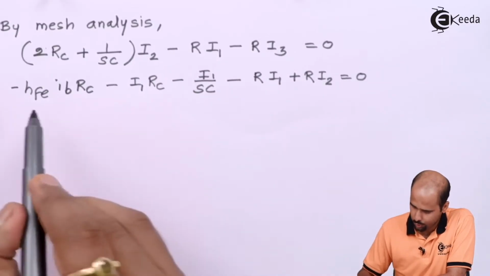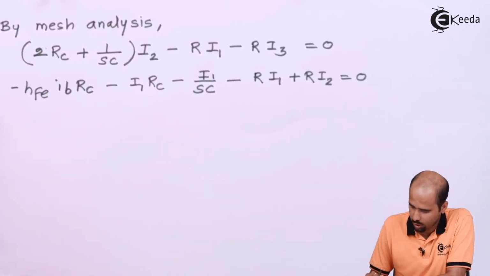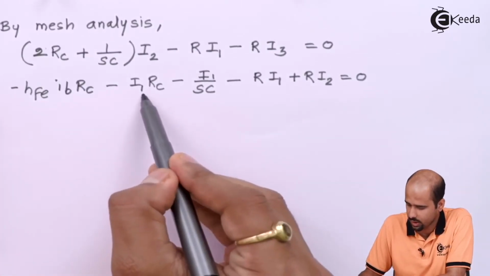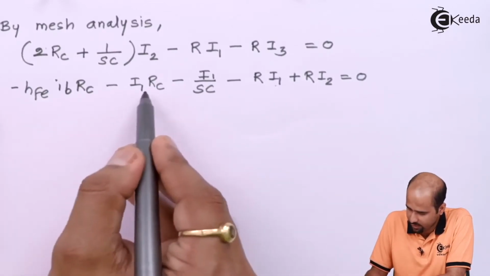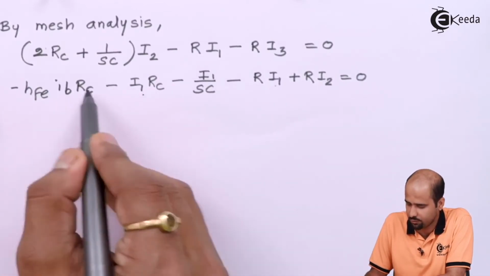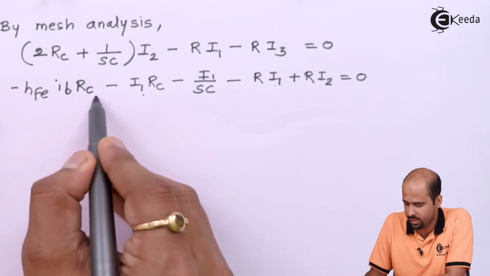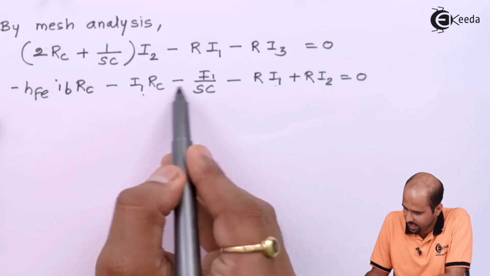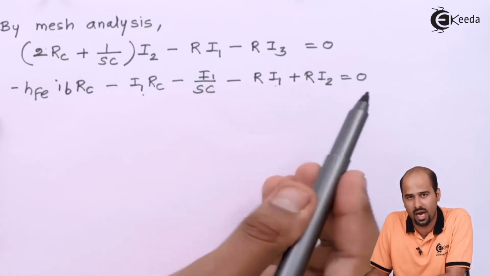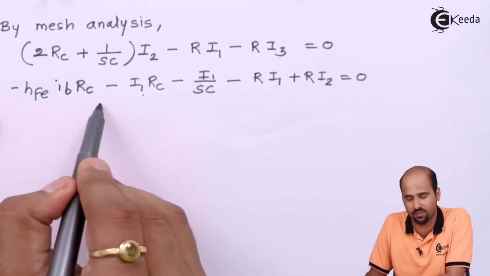Okay, so this equation I will modify by taking I1 common and I2 common. I will take HFE, IB and RC on the right hand side, so whatever data I get is in the form of I1, I2 and this constant value.